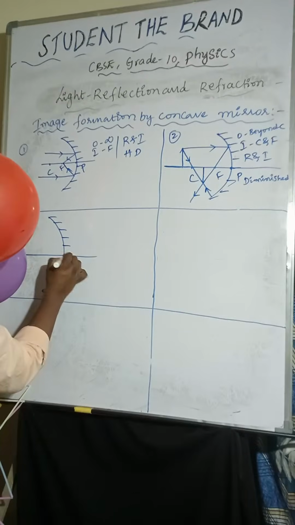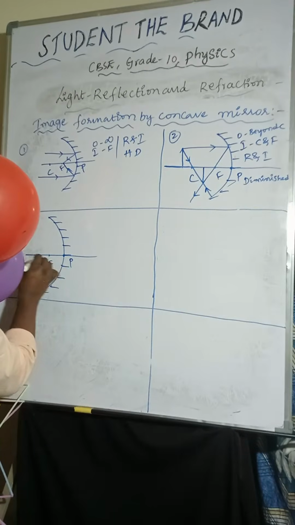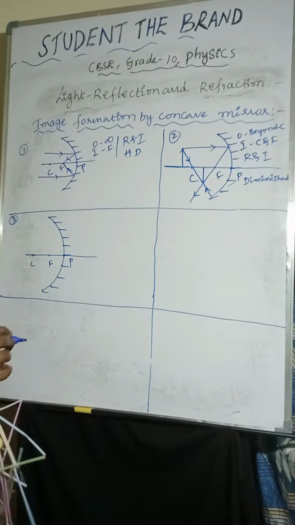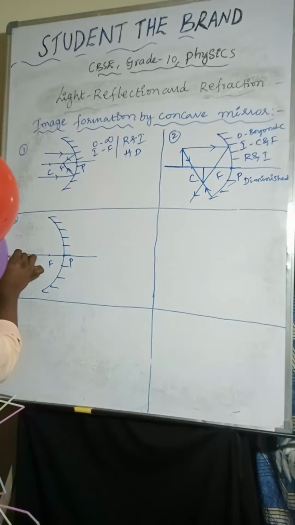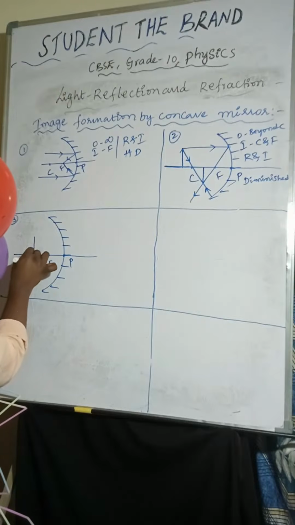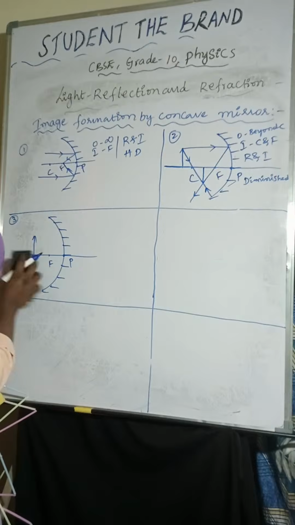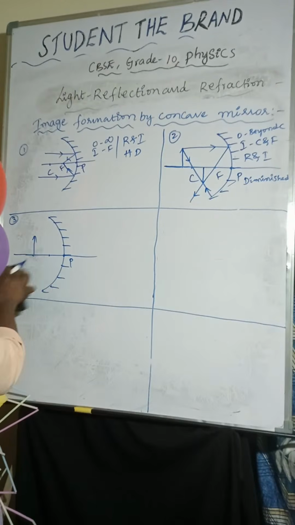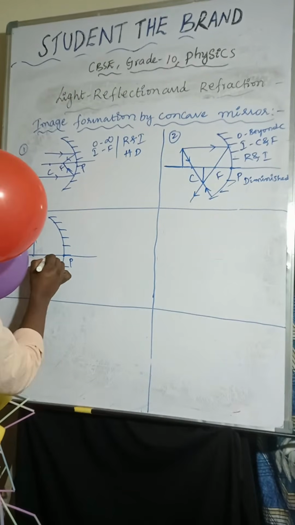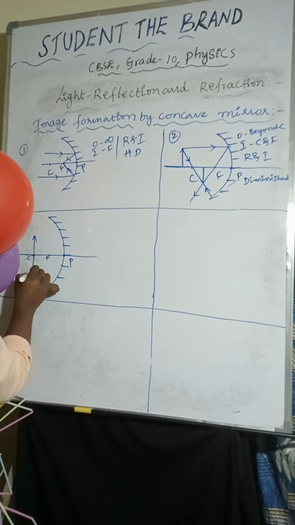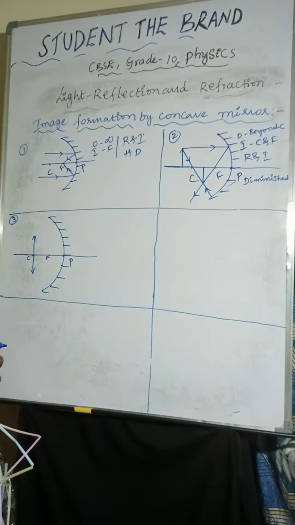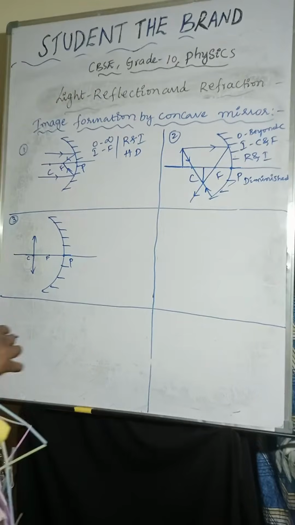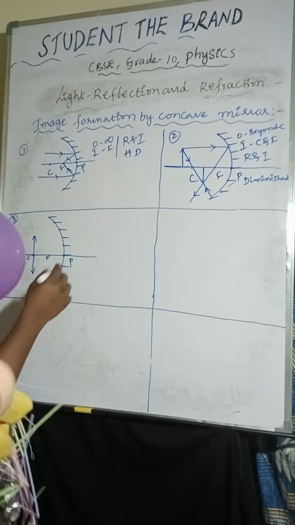Pole, focus, center of curvature. Object is placed at center of curvature. So object is placed at C. Image also will form at C. Nature of the image is real and inverted, and size of the image is same size because image is forming at C itself.